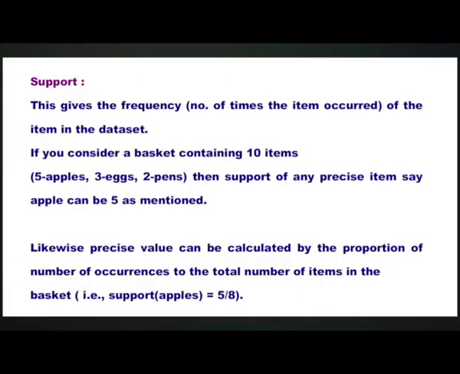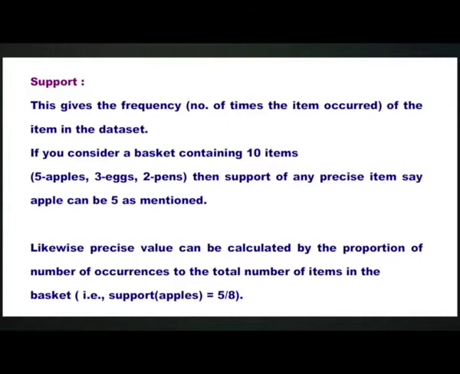What is support? This gives the frequency, that is, the number of times the item has occurred in the particular data set. If you consider a basket containing 10 items, 5 apples, 3 eggs and 2 pens, then the support of any precise item, say apple, can be 5 as mentioned.